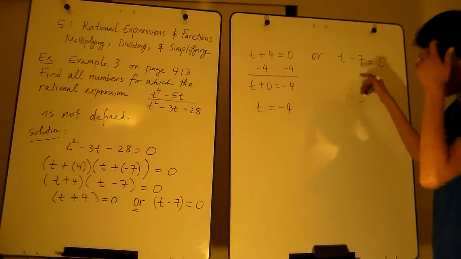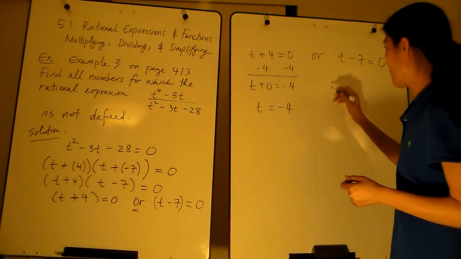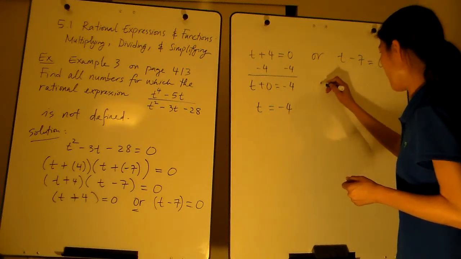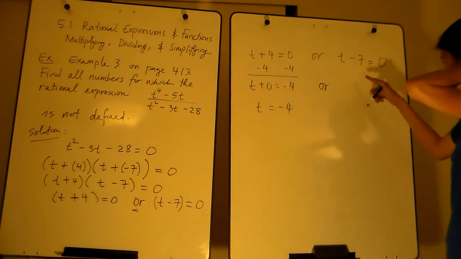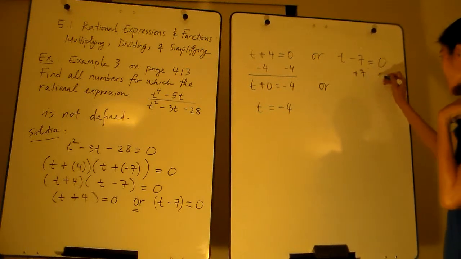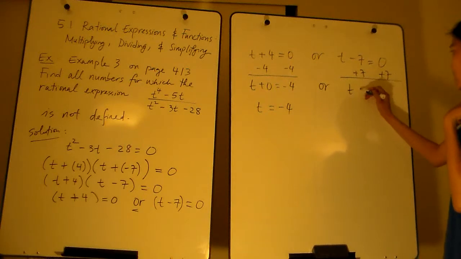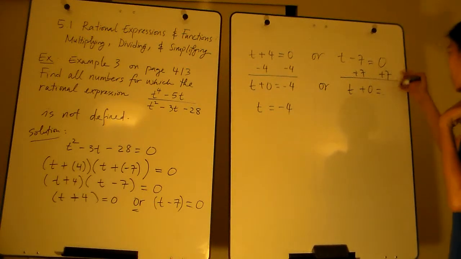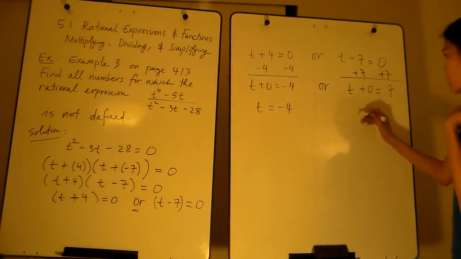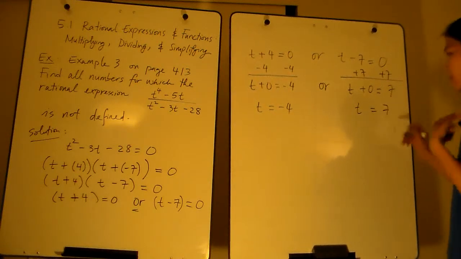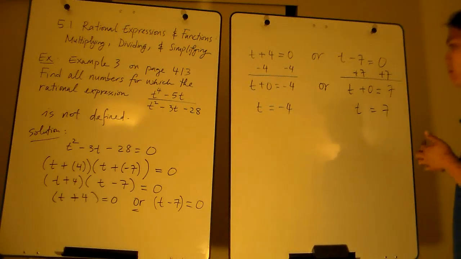But don't forget to solve on this side as well. So to solve for t, you add 7 on both sides. T plus 0 equals 0 plus 7, which is 7. T equals 7. Okay?